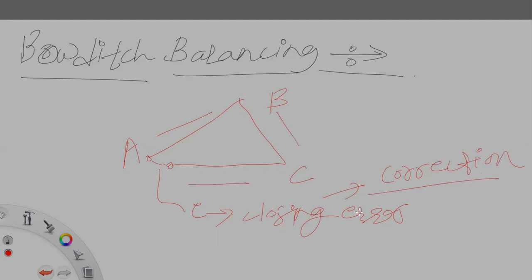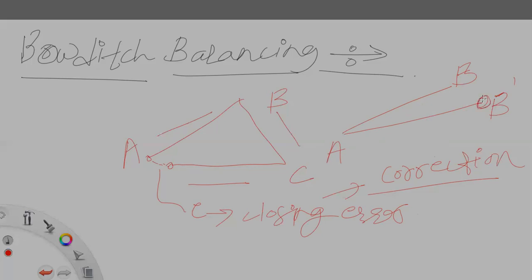Now that correction is to be applied linearly as well as angularly. Now, what is this linear error and angular error? Suppose your line AB is there, but instead of this point B, it should be here at B dash.